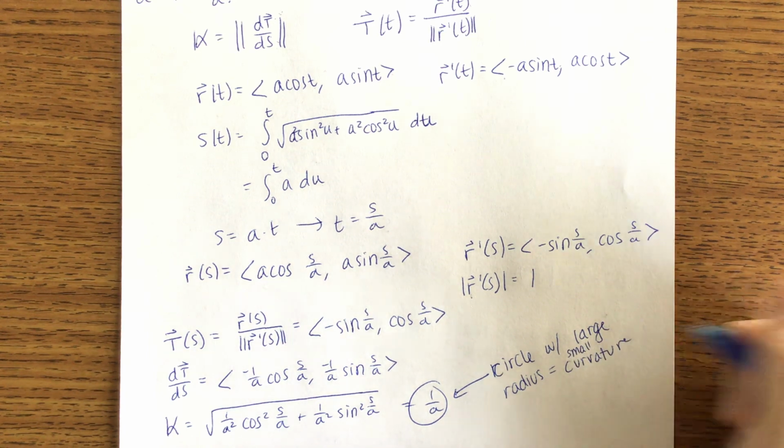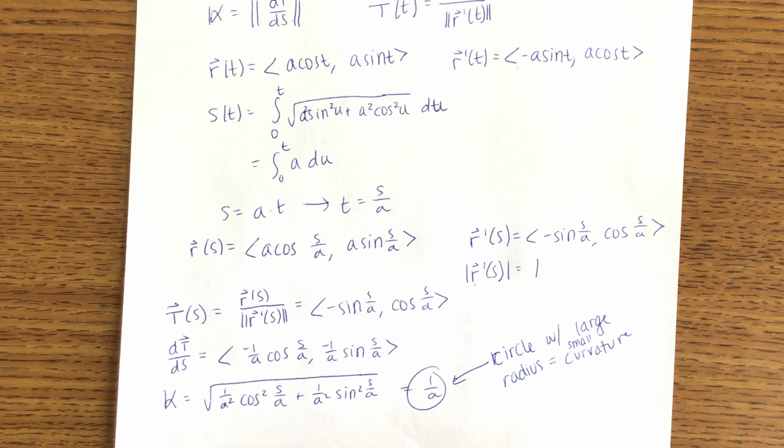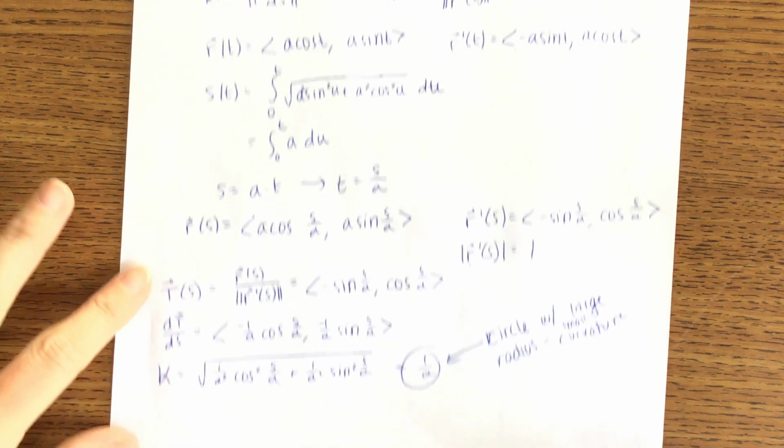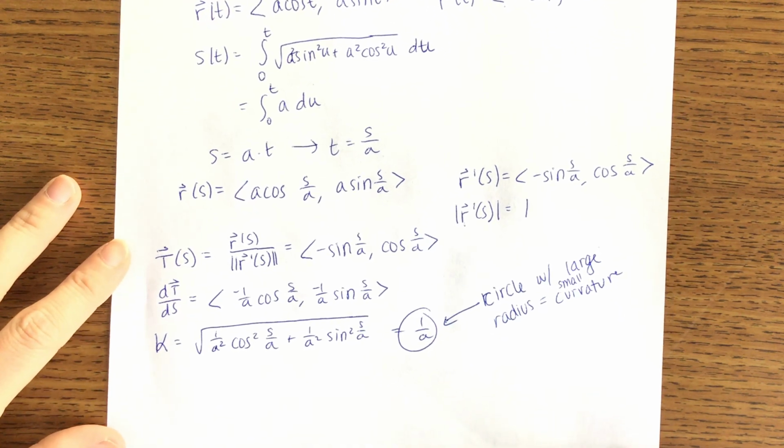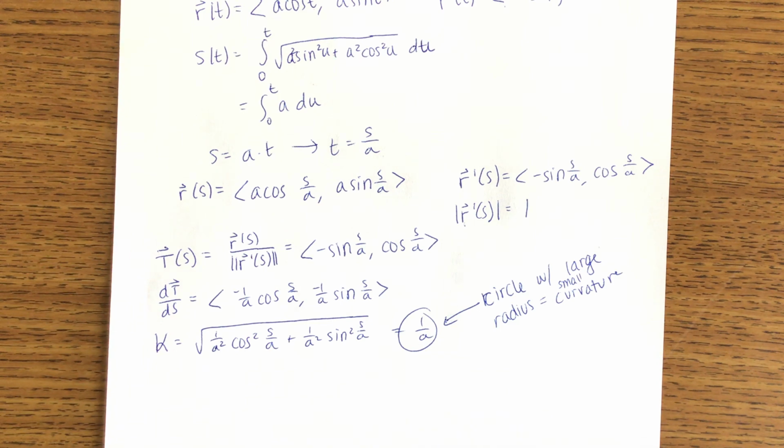And that should make sense. If you take a really big circle and you move along the circle, curvature is going to be pretty small. The direction is changing not very rapidly.